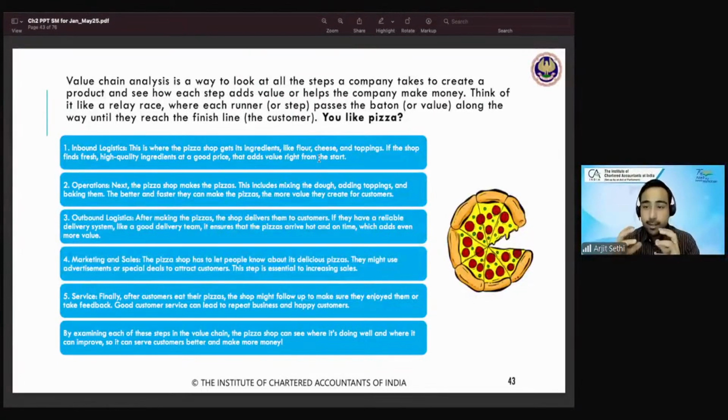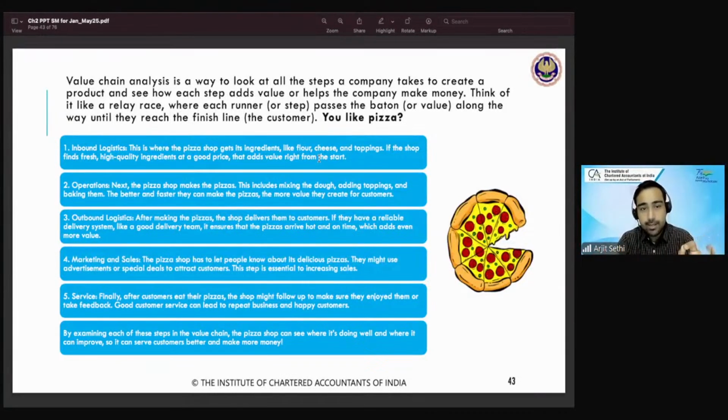Marketing does the best marketing and gives it to the distributors. Distributors do the best shelf display in their shop and give it to the customer. So each level is putting their best foot forward and passing on the value to the next person. And so that creates an entire value chain. That's called value chain analysis.